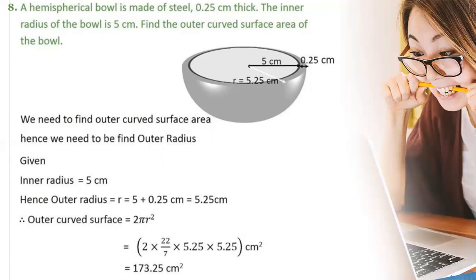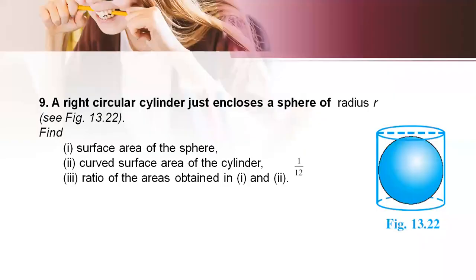So the radius will become 5.25 centimeters. Now the curved surface area is 2 pi r square since it is a hollow hemisphere. We know that pi is 22 by 7 and we got the radius as 5.25 centimeters. Now by substituting these values, we get the curved surface area as 173.25 centimeter square.